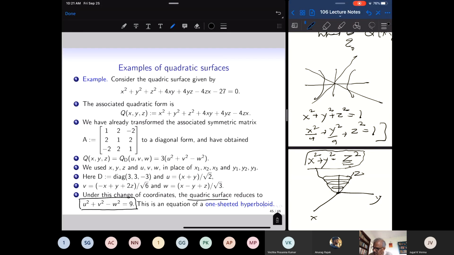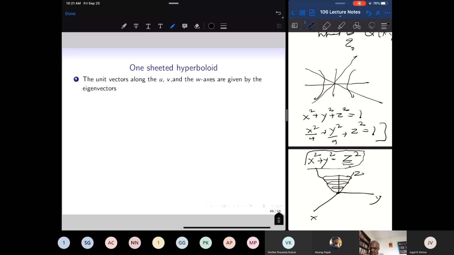And this is the equation of a one-sheeted hyperboloid. You can draw this shape. You have seen this. The unit vectors along the u, v and w axes will be the eigenvectors u1, u2, u3. These are the directions of the axes with respect to the old coordinates.